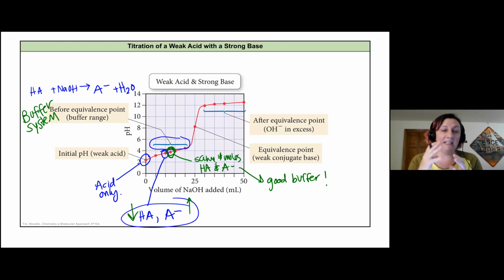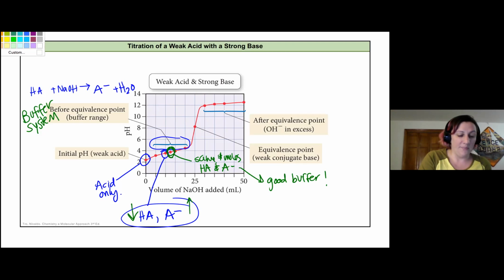Then as we add more sodium hydroxide, we're going to keep increasing that conjugate base concentration. So our buffer gets better, it's the best it's going to be, and then it starts getting a little bit worse until we get close to the equivalence point. We see a dramatic change in pH. One could say we've reached the buffer capacity until we hit that equivalence point where we've converted all of our weak acid into conjugate base.